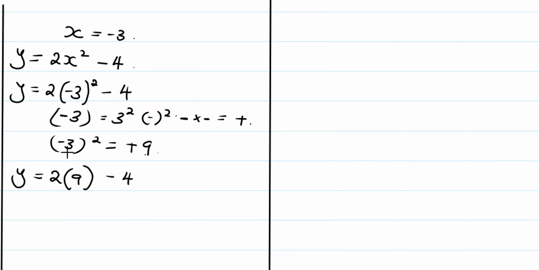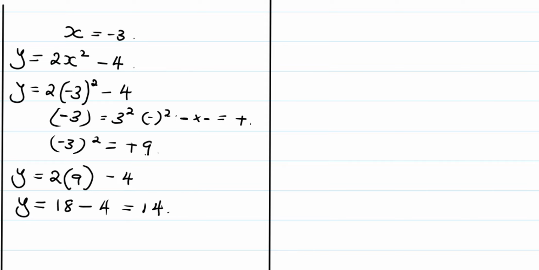And now the equation becomes simple. So y is equal to 2 multiplied by 9, which is 18, then 18 minus this 4 here, which is 14, and that becomes the answer to that question.